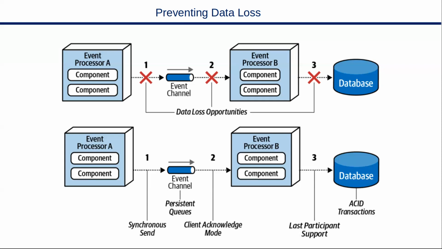Each of the issues can be handled by different techniques, and here you can see the names of these techniques. For example, for such cases, synchronous send can be used. Here, client acknowledge mode. Here, last participant support.